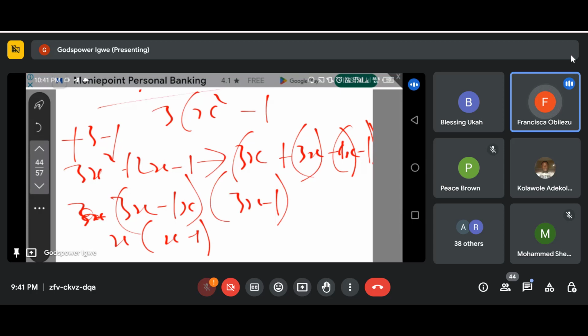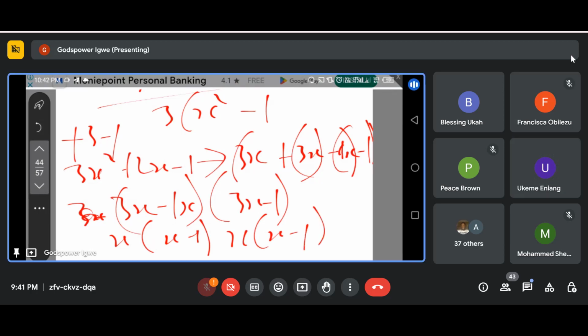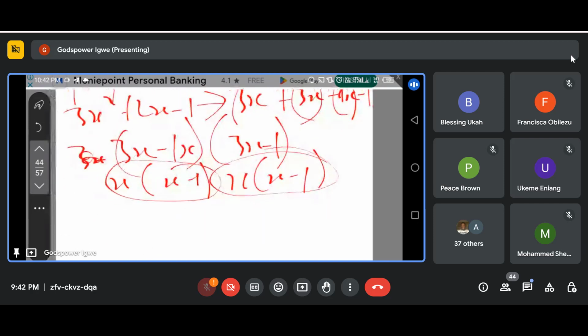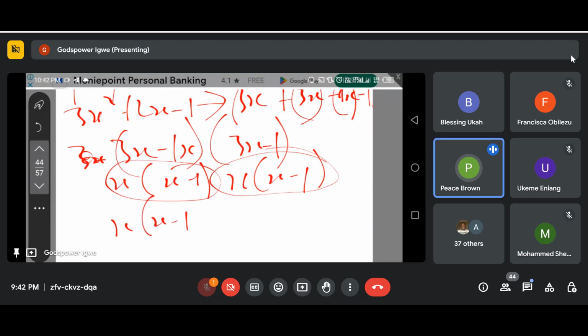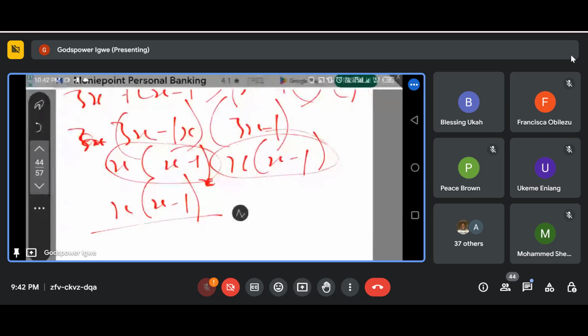x comes out. Not even 3 supposed to... minus 1. 3 minus 1, yes. So you see that this and this are the same. So instead, we just say x, because 3 minus 1. The 3 is missing, sir. So that is it, x minus 1 all over... The 3 is missing. Okay.